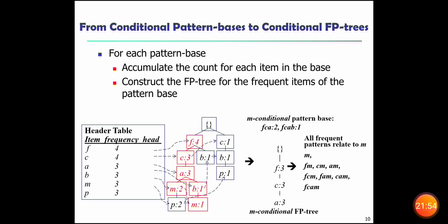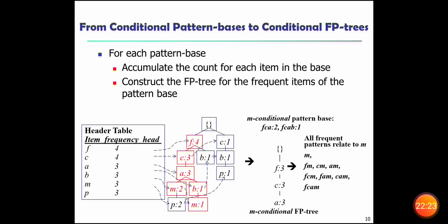Now, from the conditional pattern base to the conditional FP tree: for each pattern base, accumulate the count for each item in the base, and construct the FP tree for the frequent items of the pattern base. Now, for the M conditional pattern base, you consider this tree.